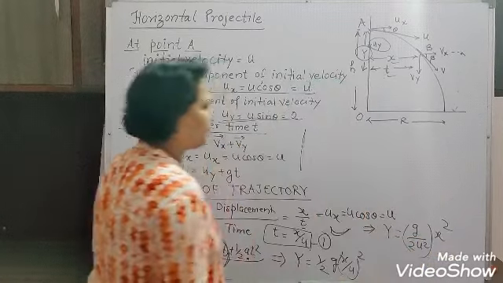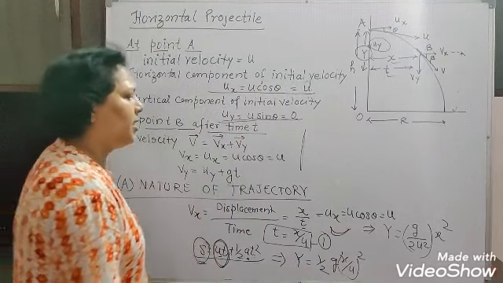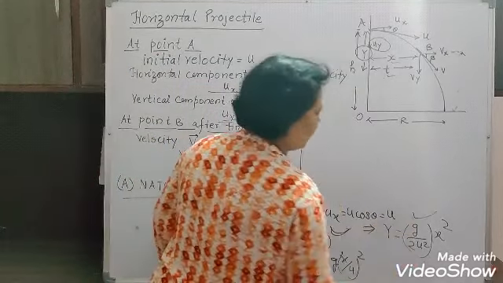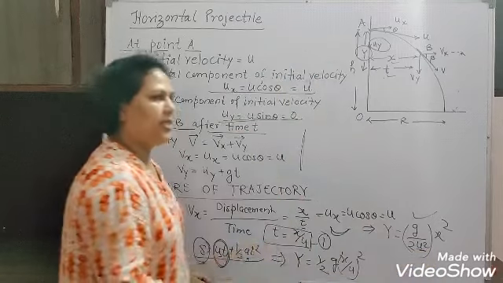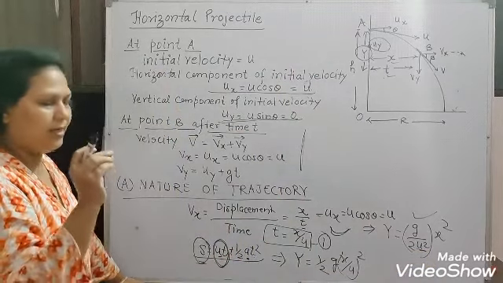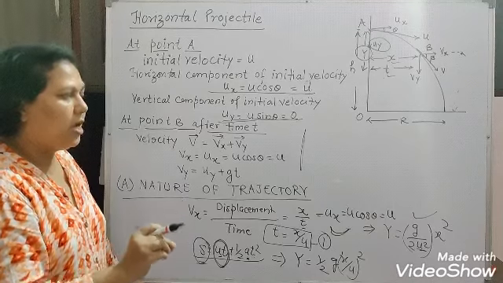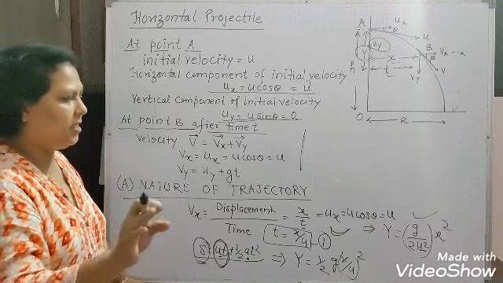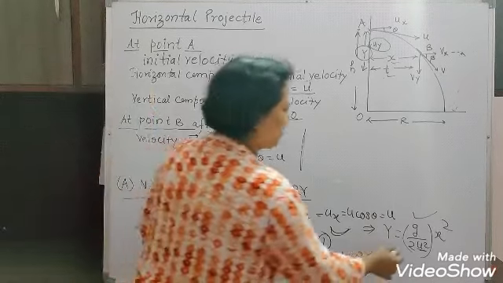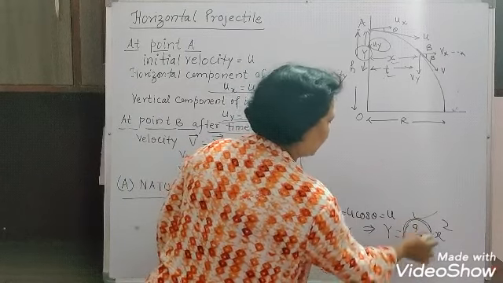Now you will find here that g is a constant quantity. The initial velocity with which we throw the object is also constant, which means we cannot change it during the journey. So this whole quantity is constant.